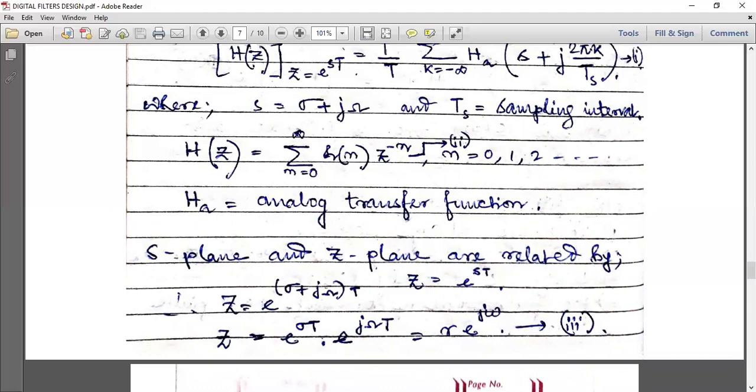Because z equal to e to the power sT. Now, s is sigma plus j omega, so I've just replaced the value of s here. Now, if you split it, z equal to e to the power sigma T into e to the power j omega T. Here, e to the power sigma T is r.